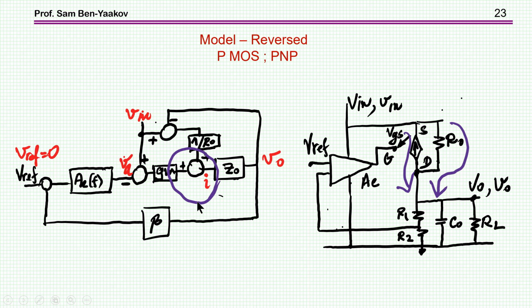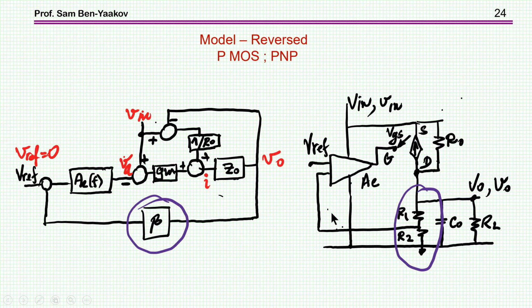And then we have this summing junction of this current coming here and this current coming here, and then it is multiplied by Z out to generate V out. And then we have, of course, beta, which is the voltage divider here, to get the scaling of the output as a function of the reference.